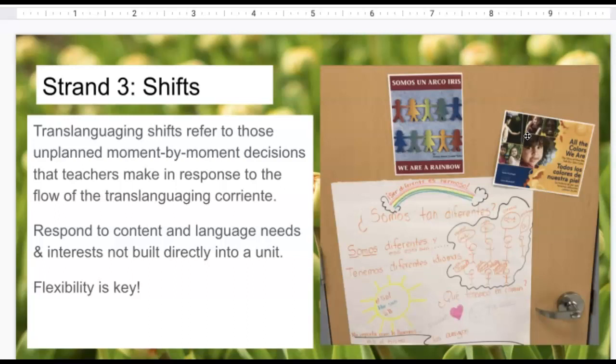What I did was I took the 2 books and I did a picture walk with them in English, and then I read the story in Spanish, so that I'm still staying true to my language allocation in my Spanish classroom, but I'm weaving in English so that they understand some of the context in a deeper way for those that don't understand.